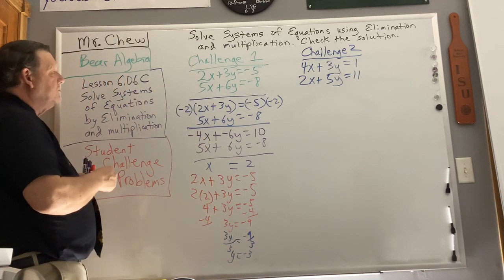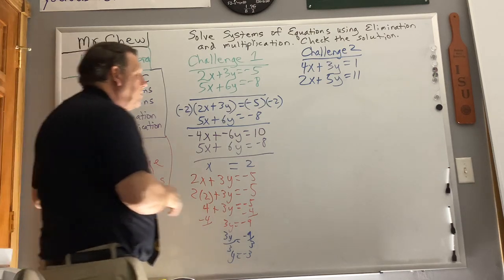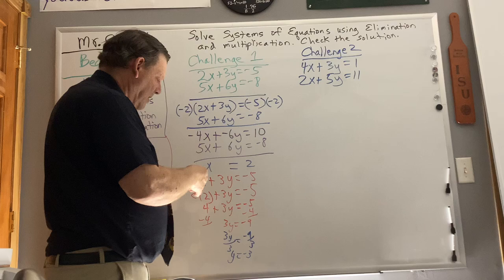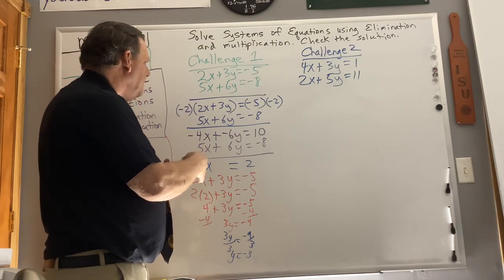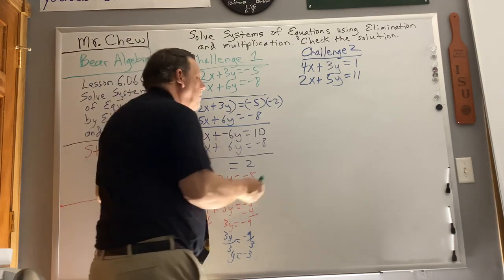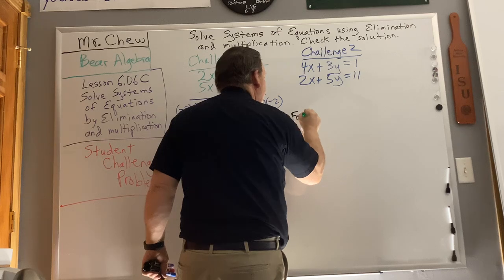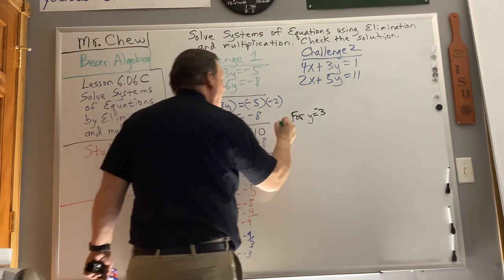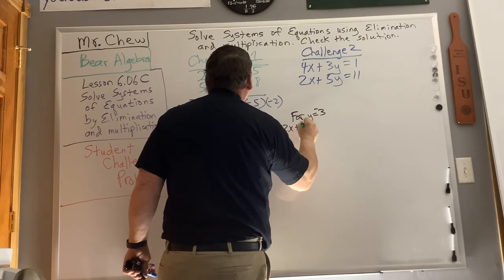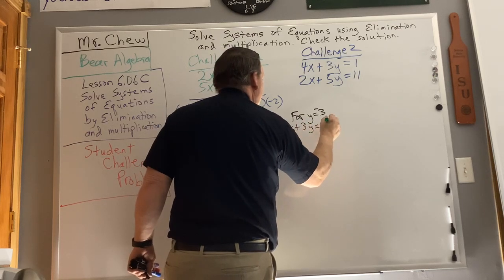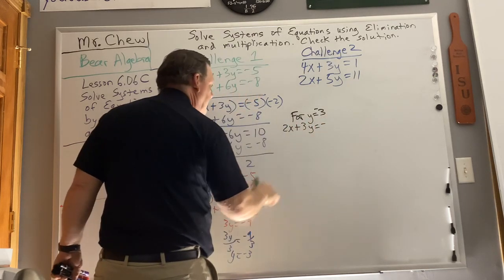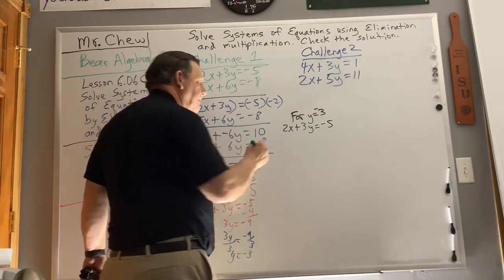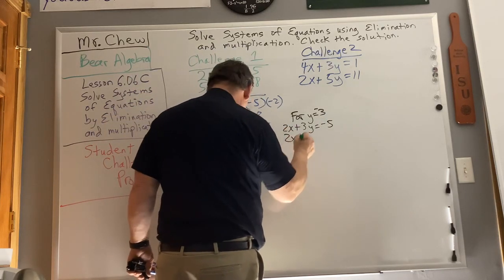All right. So if y equals -3, I'm going to go ahead and check it over here, and then I'll erase the check just to make sure that I did do it right. So for y equals -3, I take my top equation and substitute -3 in to find x. So 2x.